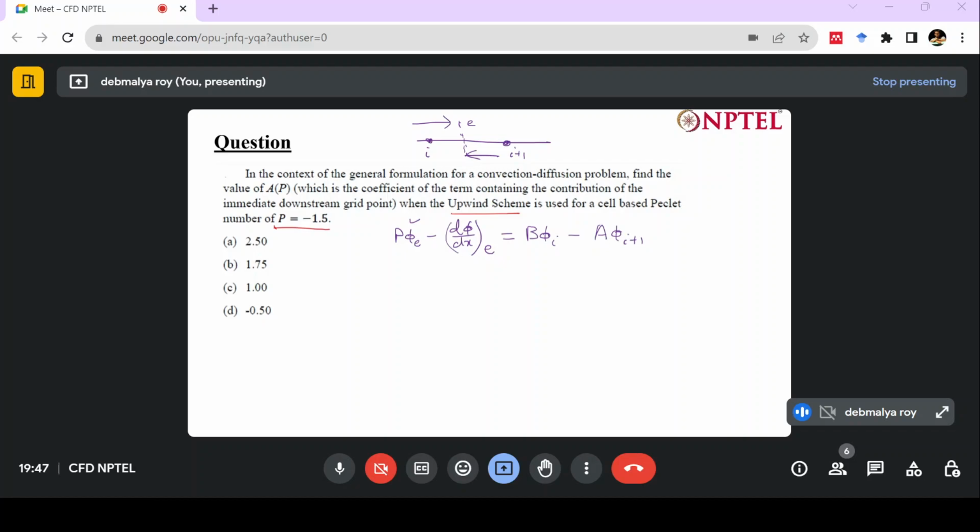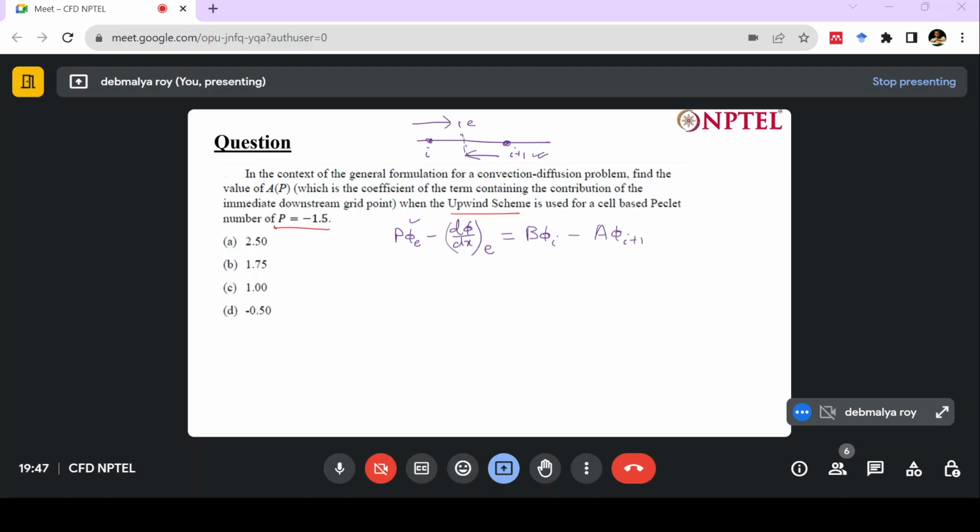The upwind scheme is the extreme of that. Basically, whichever direction the flow is, the advection value is taken from that point.